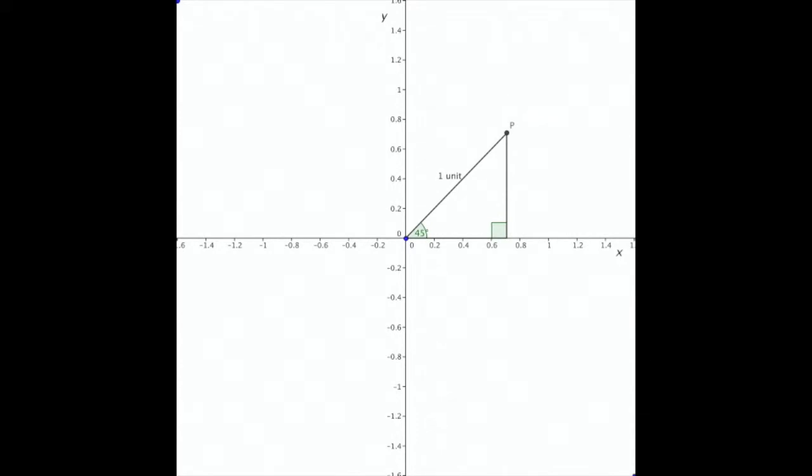We're now going to take the angle at the origin and increase it. We keep P 1 unit distance from the origin, but notice how the coordinates of the point P change as the angle changes. Sometimes the coordinates are positive, sometimes they're negative.